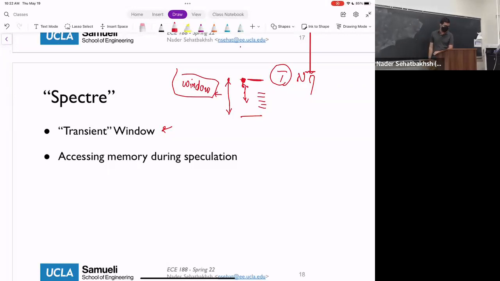As a result, if you are accessing memory, we never do the checks of translation and all those things. All we do is send a request and get the results back.